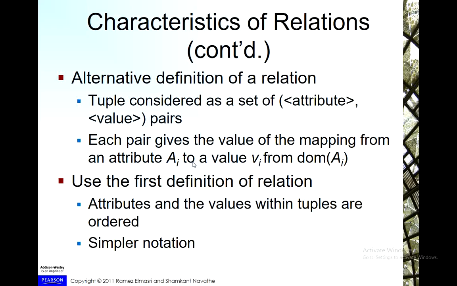This definition can be added to the characteristics of the relation. Ordering is important when we use applications like structured query language to extract values from the tuples in the database.